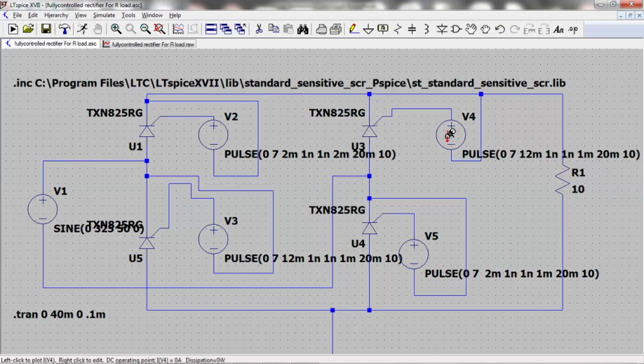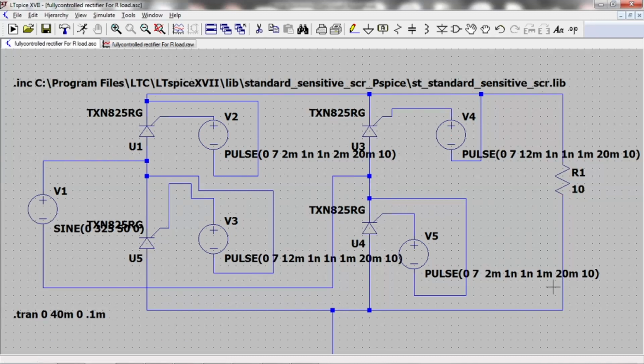The pulse should be connected to the gate of the SCR, and the negative should go to the cathode of the SCR. Here we have a bridge of 4 SCRs and 4 pulse generation circuits, and the bridge should be connected to the load.